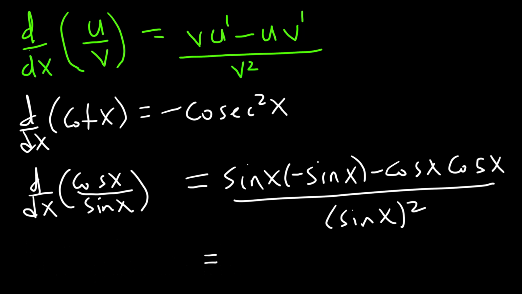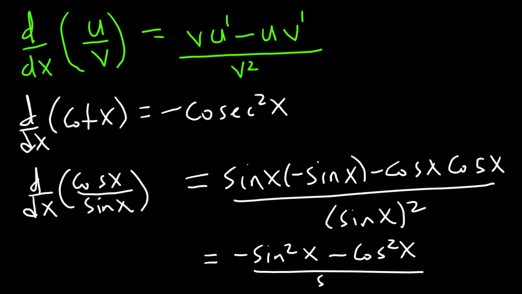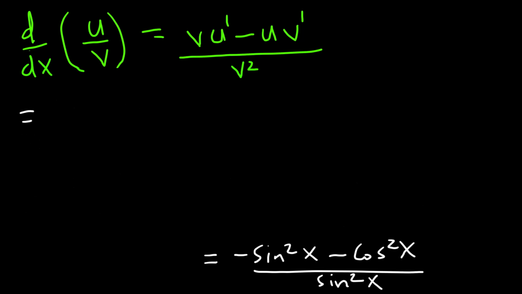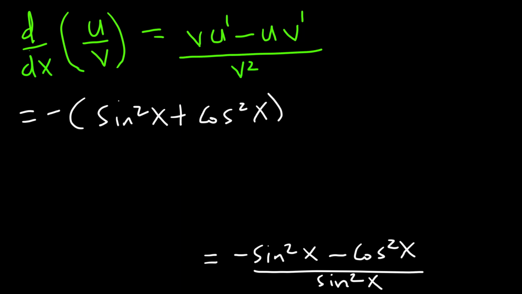This will be equal to negative sin squared x, and then minus cos squared x divided by sin squared x. Now if we pull out a negative, we shall remain with sin squared x plus cosine squared x, and this will be divided by sin squared x.